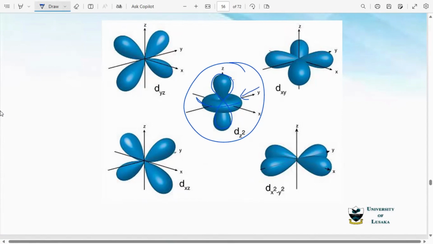So this is the shape of the d orbitals. We have 1, 2, 3, 4, and 5. This guy on the center looks a bit unique when compared to the other 4 d orbitals. So that is the shape of a d orbital.